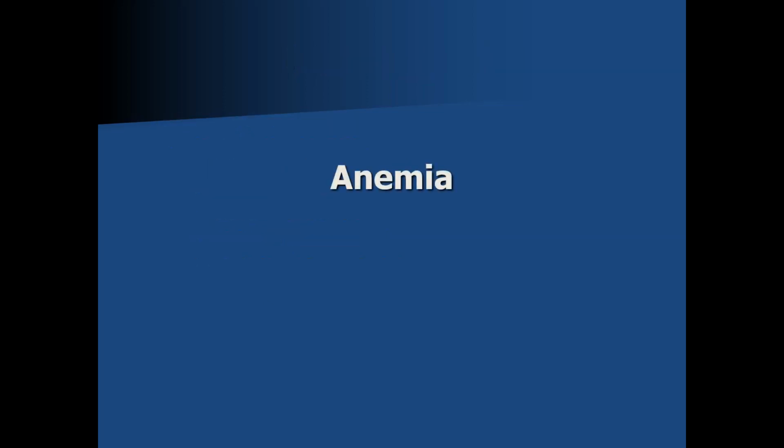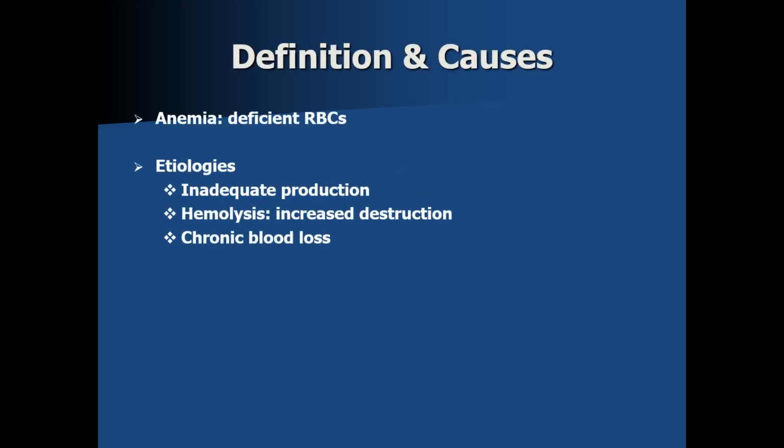Next, we will proceed to a discussion of anemia. Anemia is the opposite of polycythemia because herein we have deficient RBCs. The etiologies of anemia can be inadequate production of the RBCs, hemolysis or increased destruction of RBCs, as well as chronic blood loss.